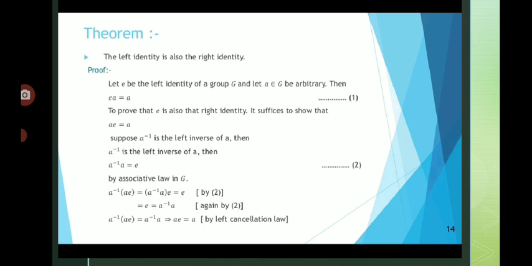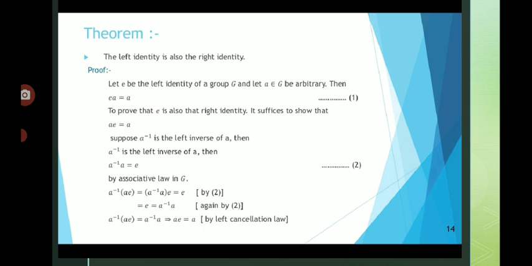E is the left identity, so EA is equal to A. We prove that this left identity is the right identity. For that we prove AE is equal to A. This is the right identity property. Suppose A inverse is the left inverse of A, then A inverse into A is equal to E.